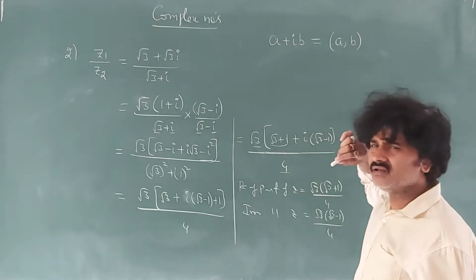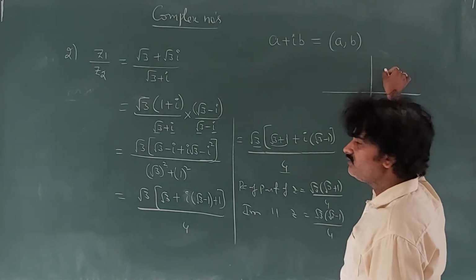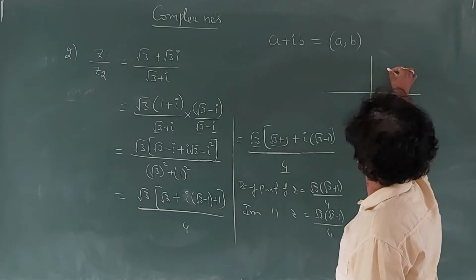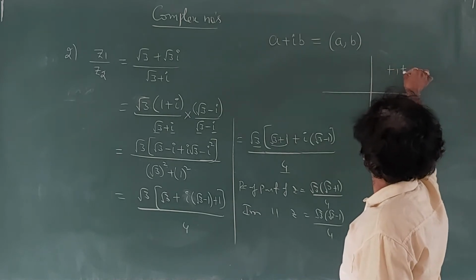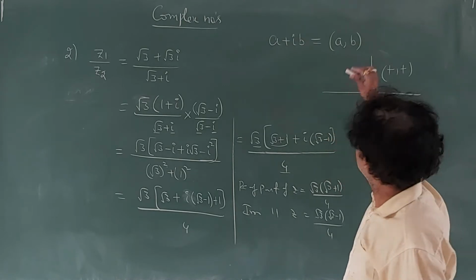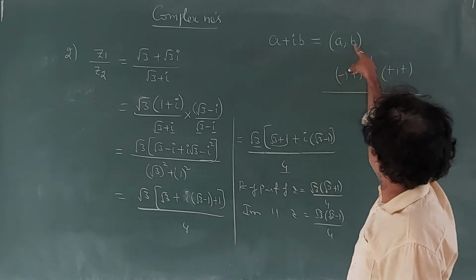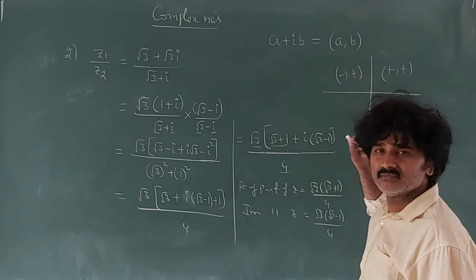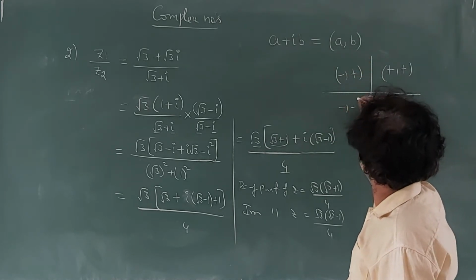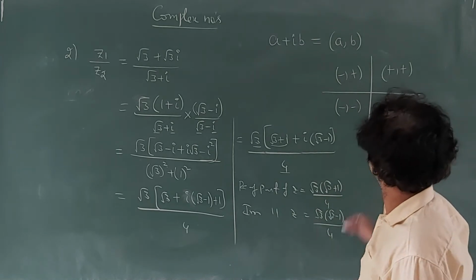Now, the first quadrant means both x and y coordinates are plus plus. So here the real part is positive, the imaginary part is positive. Second, minus plus: real part negative, imaginary part positive. Third quadrant, minus minus: both imaginary and real parts are negative.